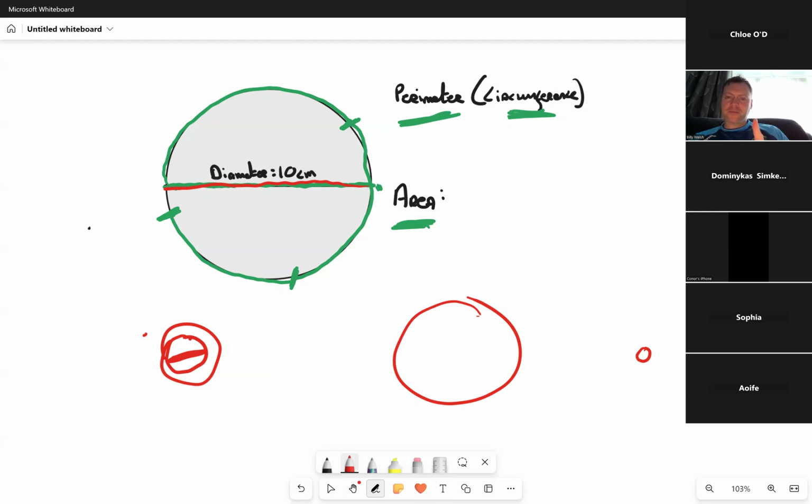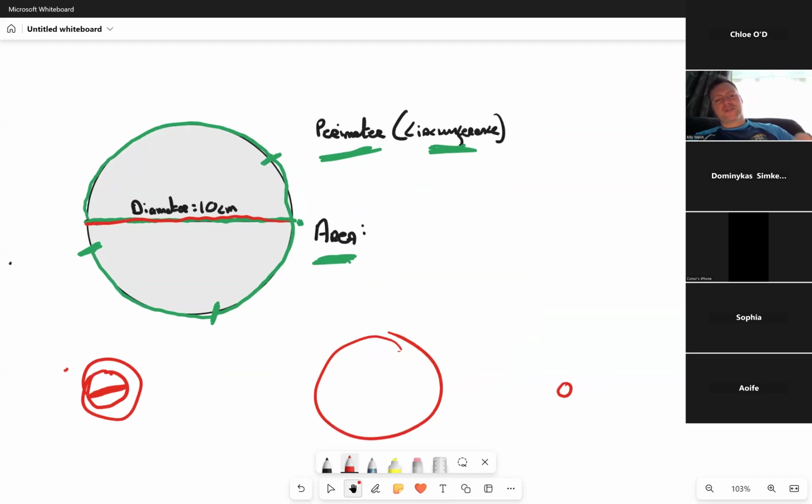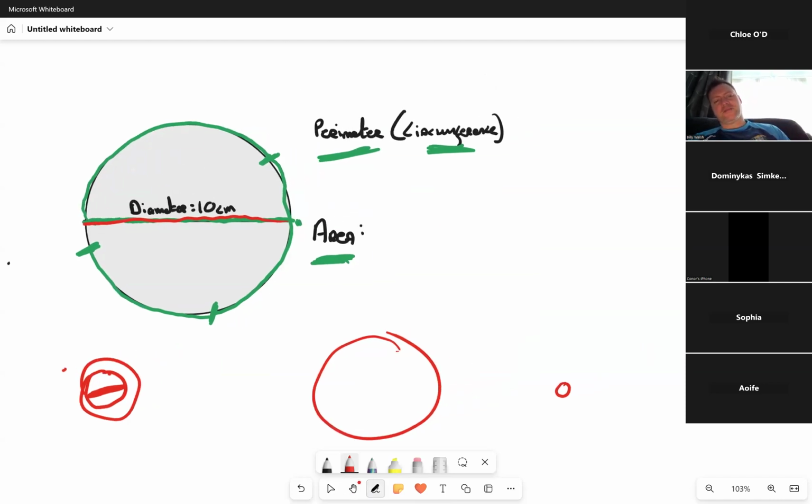All right? Now I want you to use that knowledge to find for me the circumference of this circle. Because I'm telling you the diameter is 10 centimeters, and you know that that diameter will wrap around the circle, its circumference, 3.14 times. I'm going to tell you nothing more than that.